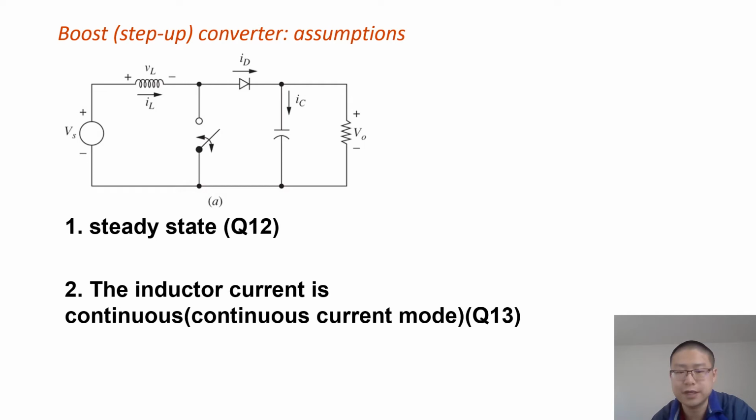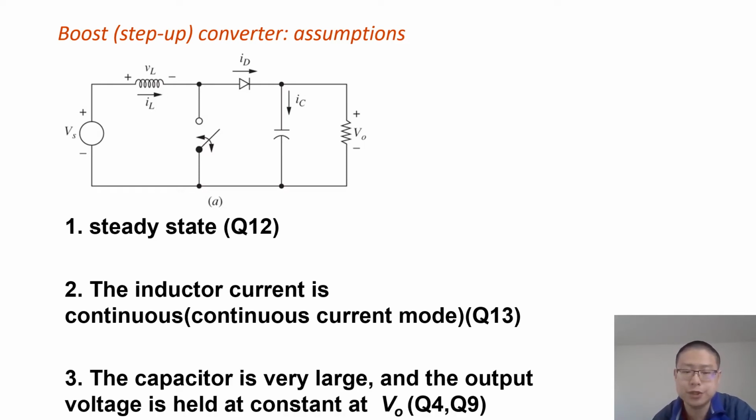We call this continuous current mode. Obviously, we also have discontinuous current mode, but we will discuss discontinuous current mode in future lectures. We will discuss the requirement for the continuous current mode in question 13.